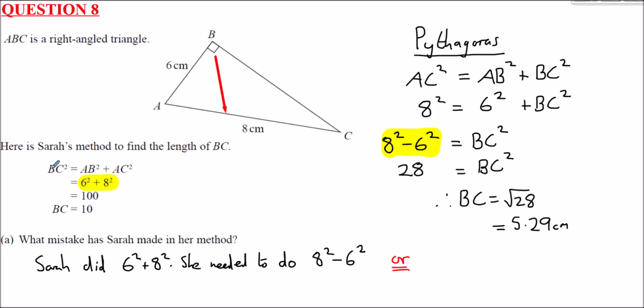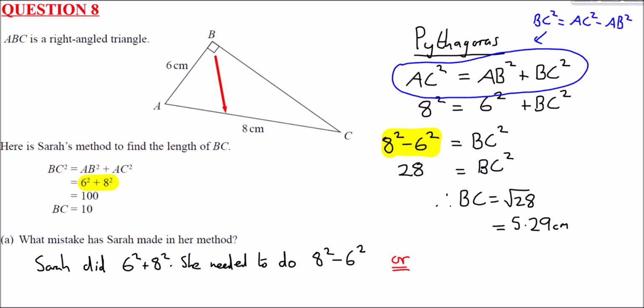Or you could just start from the first line. So if I rearrange this first line here by subtracting AB squared from both sides, we'd see that BC squared equals AC squared minus AB squared. So you could write that down instead.